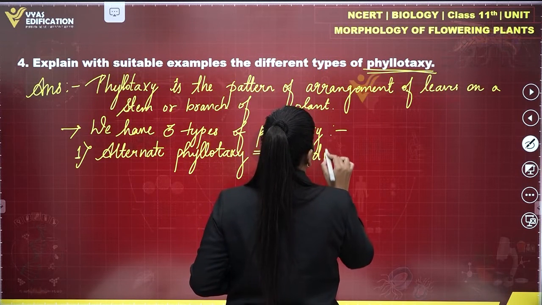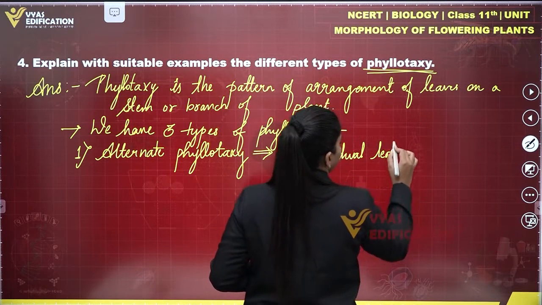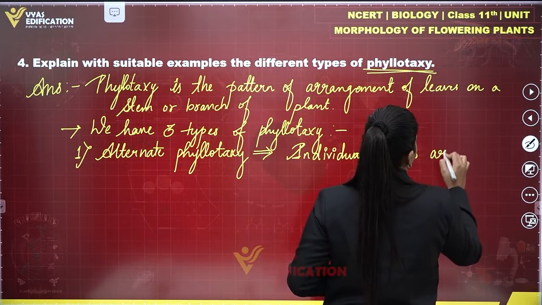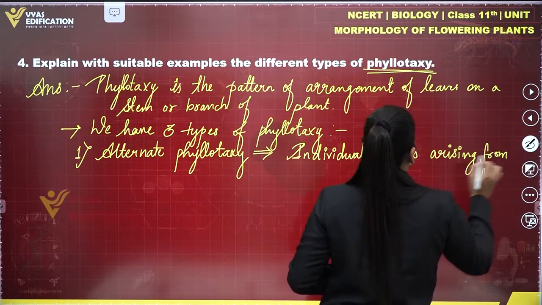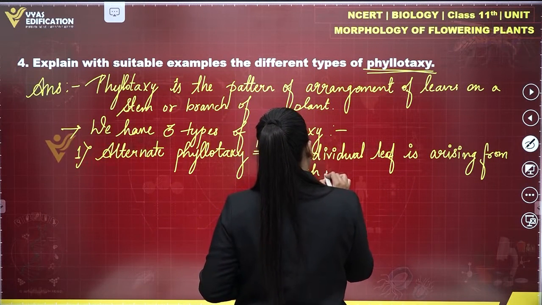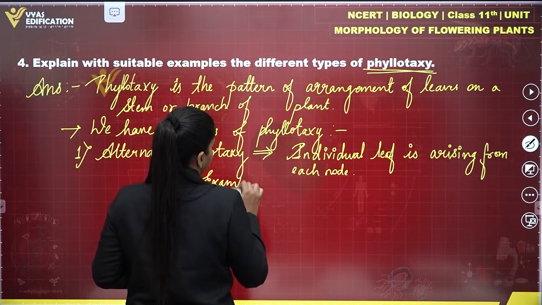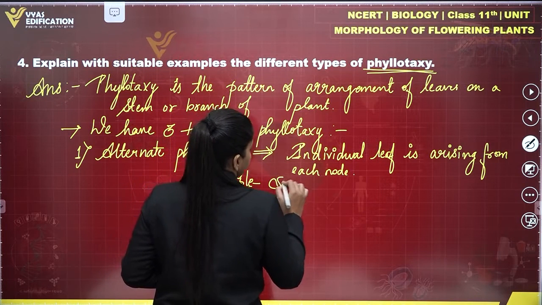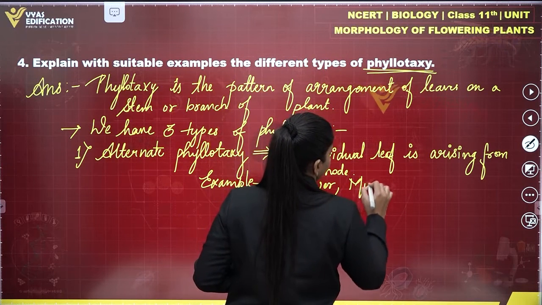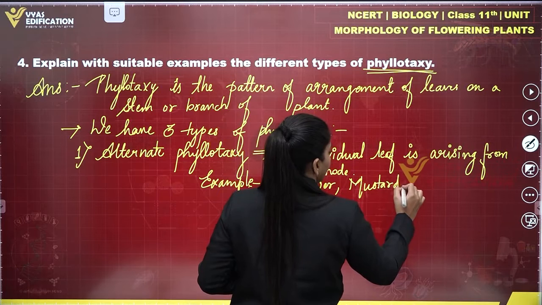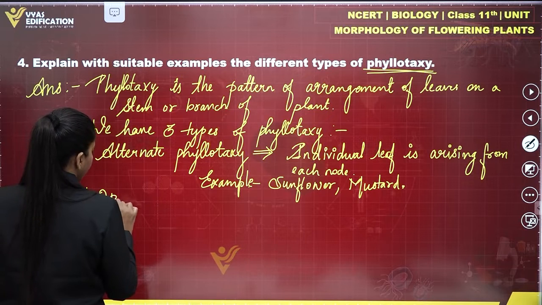An individual leaf is arising from each node. We have some examples for this, such as sunflower, mustard, peepal, etc.